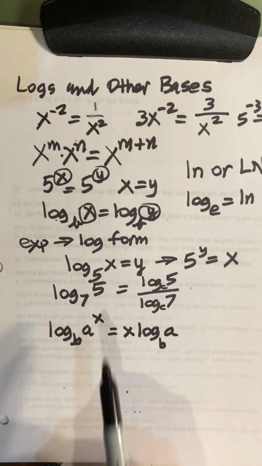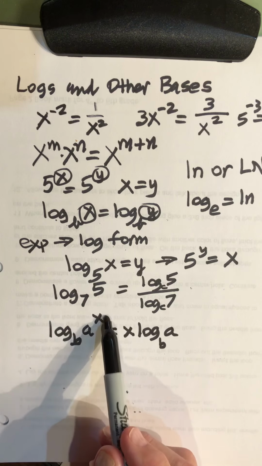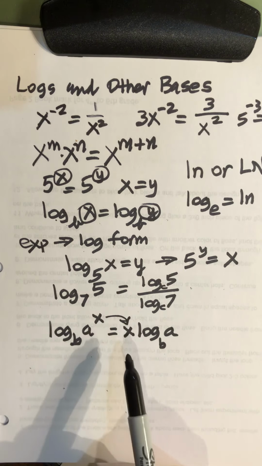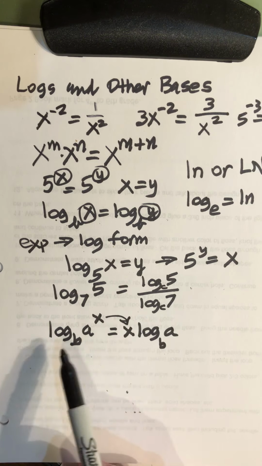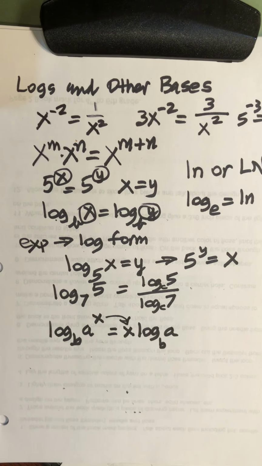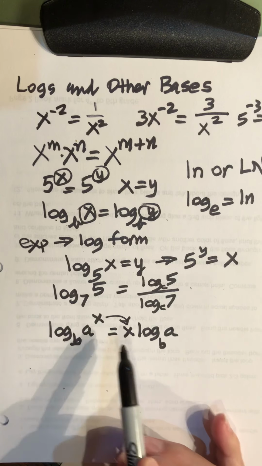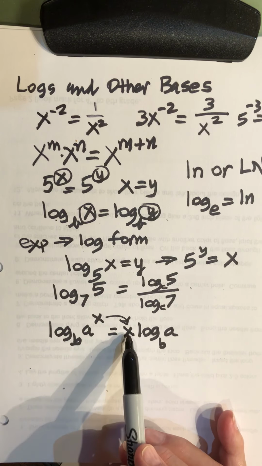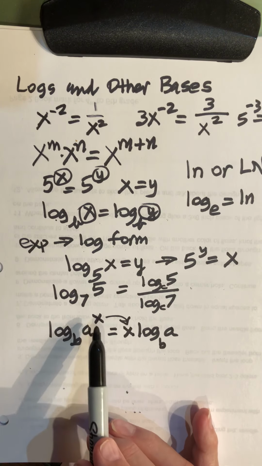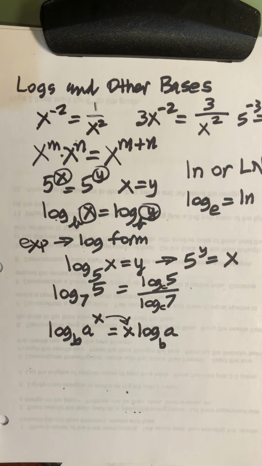In other words, all you've done is bring that exponent out to the front. And this you will find is very helpful when you're converting back and forth, depending on what your numbers are. When you're trying to simplify expressions, you can go either way on this, moving the number from the front to the exponent, or vice versa, moving the exponent to become the number in the front.